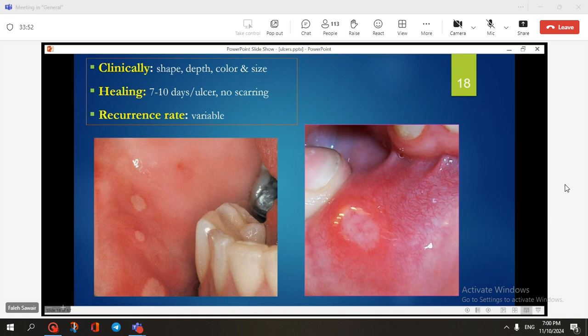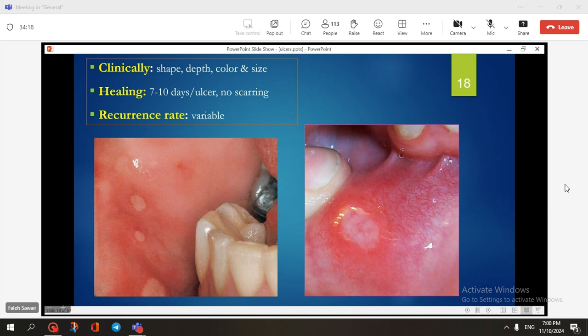The shape is round, as you can see, and they are grayish whitish in color, surrounded by a red margin. This is very important to reach the diagnosis. It is whitish surrounded by a red margin because of the inflammation and vascularity in the tissue.